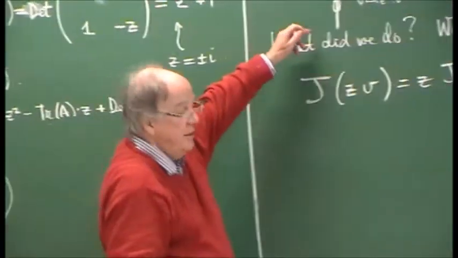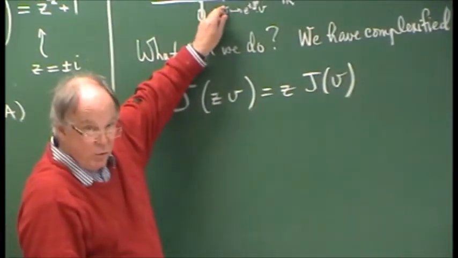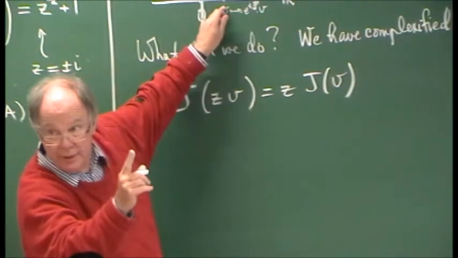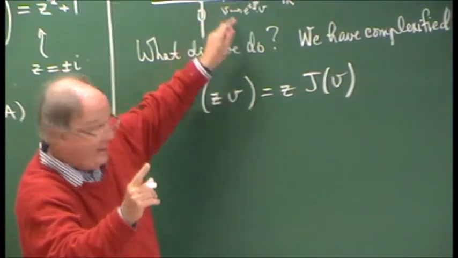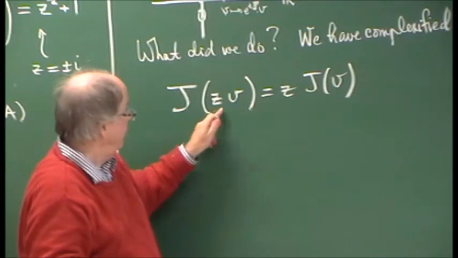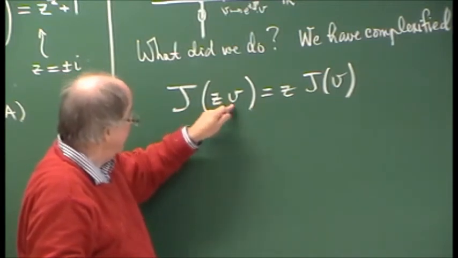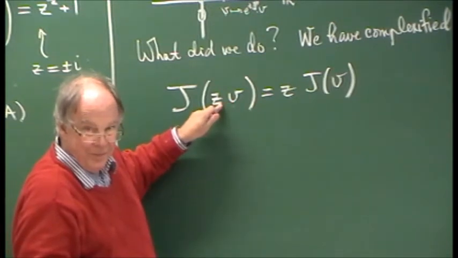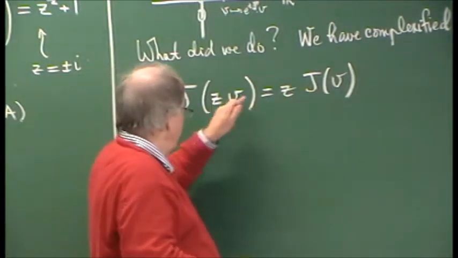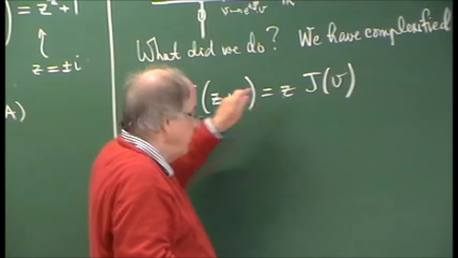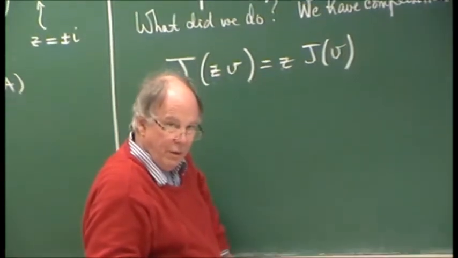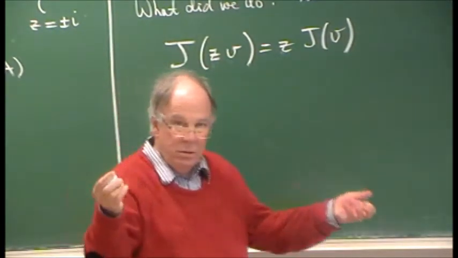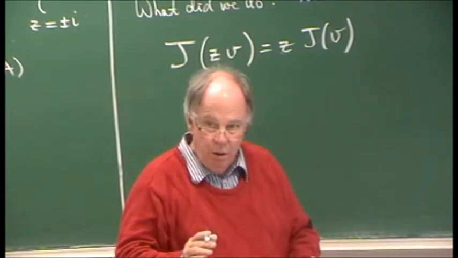I can extend it to the complexified vector space where I'm allowed to use complex scalars. Yes? I extend it like this. The new vectors are a vector times a complex number, like vector times i. So I want to know what happens when I multiply by i here. Well, I'll just pull it out. Okay? This is purely formal.